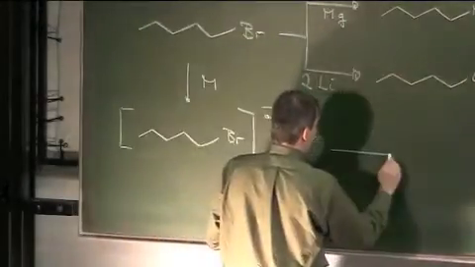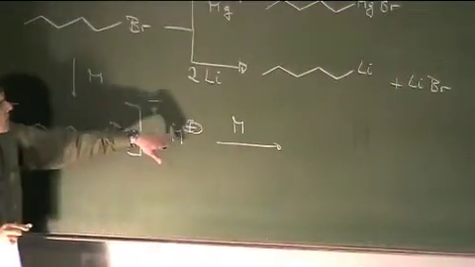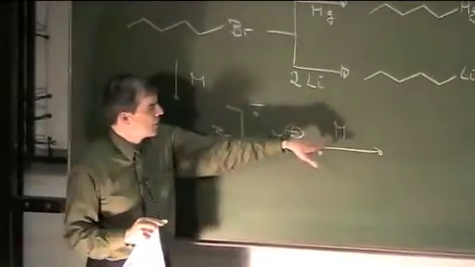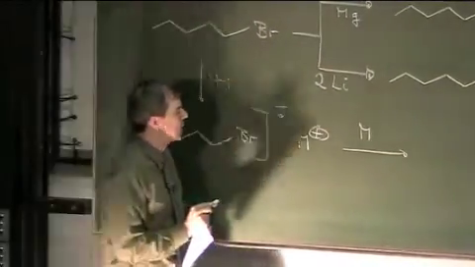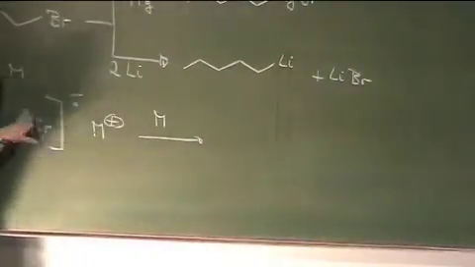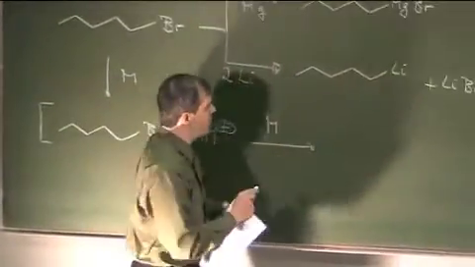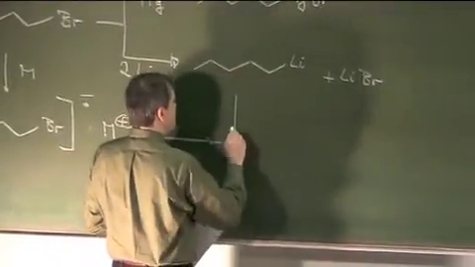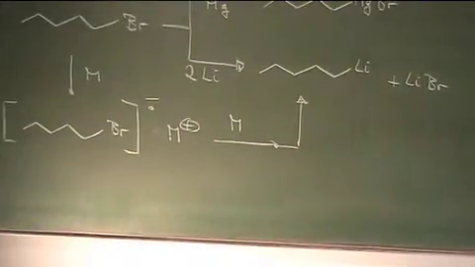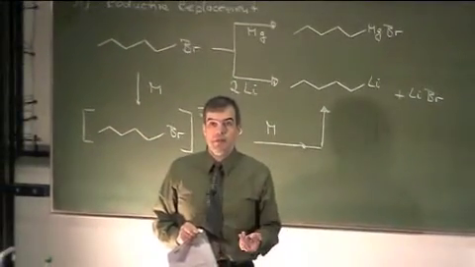And then in a second electron transfer step, which can be either the same metal, in the case of magnesium, where it goes from magnesium 1 to magnesium 2, or the second lithium atom, you are transferring another electron, thereby breaking this bond, forming bromide and the organometal compound.